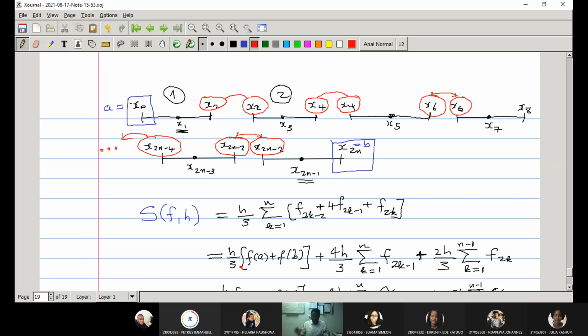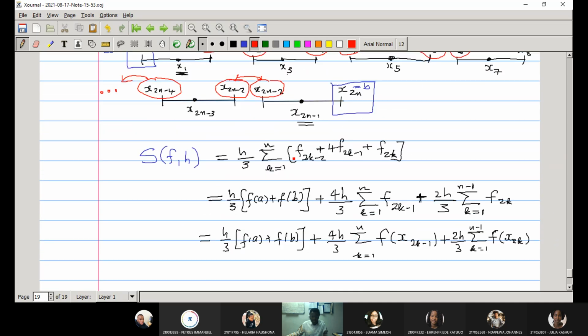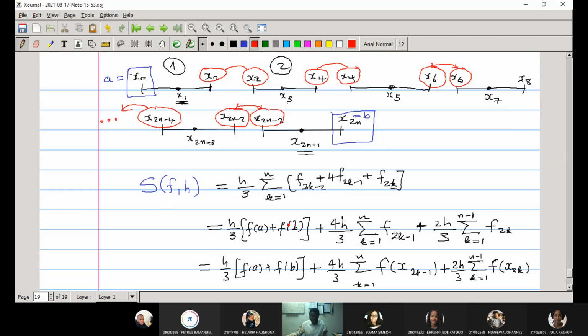So when we expand this, we take that into account and group them accordingly. So we take the first point and the last point, which we group here, and then the remaining ones with odd subscript will not be repeated twice. We also group them separately.